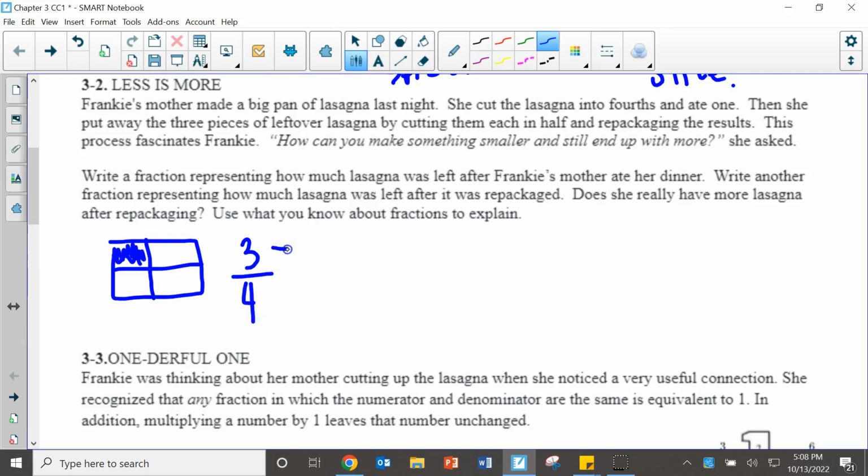Okay, and the numerator represents how much was left over, and this was how many pieces there were to begin with. So you can see the leftover number is your numerator, and how much you started with is that bottom number.